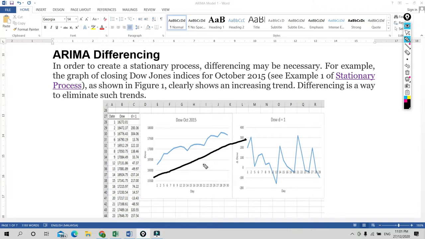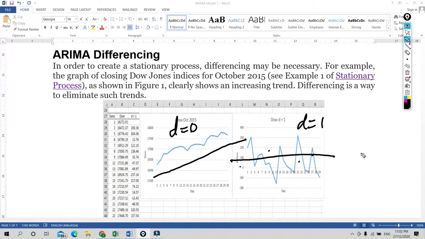When I do differencing and plot the graph, it becomes like this. The first graph is without differencing, in other words D is equal to 0, no differencing. Here D is equal to 1, and after we do differencing we get a graph like this. From here we can see the data becomes stationary.